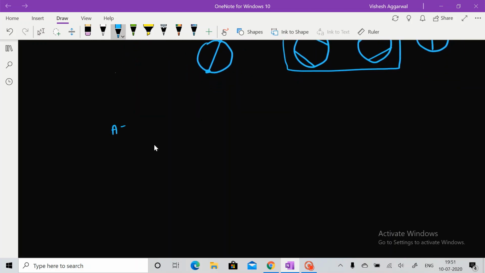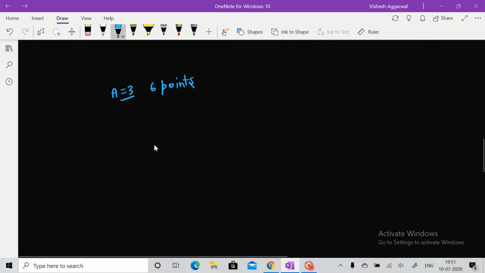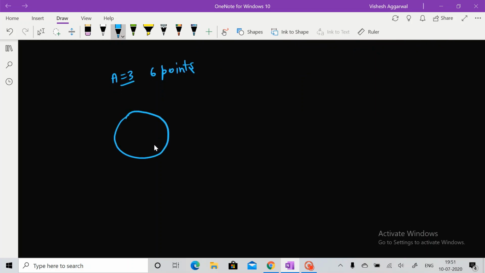So suppose A is equal to 3, or we can say that we have 6 points. So let's see what will be the cases for this. This is the circle and these are the 6 points on this circle. So if we join these 2 points, then in how many ways can we join the remaining points?